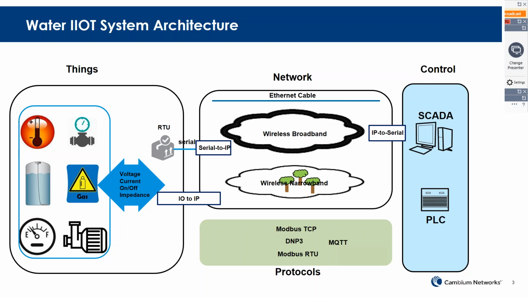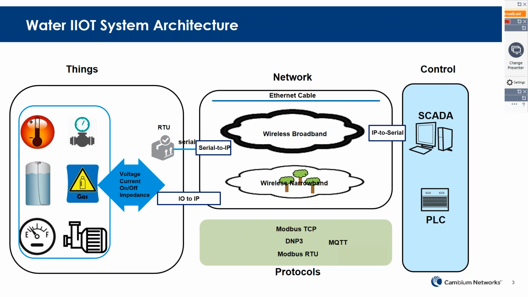So when we look at the things, what kind of things do we have? In the water utility space, there could be a temperature sensor, a pressure sensor, a water level sensor, etc. And also there will be things like pumps and valves.